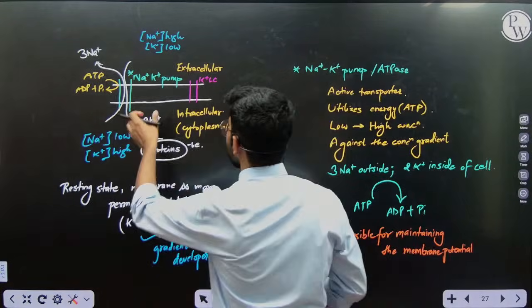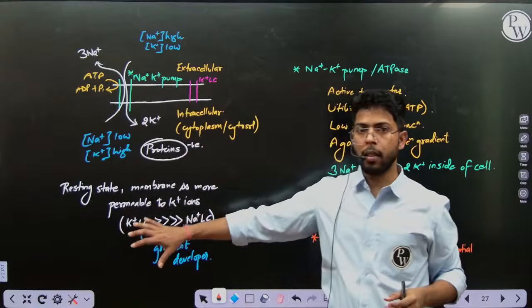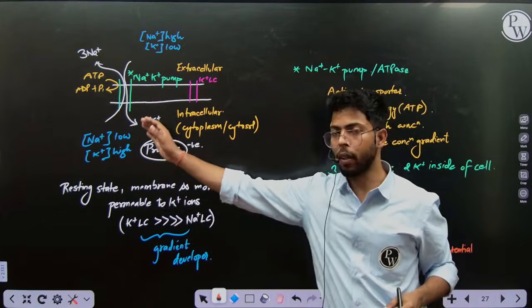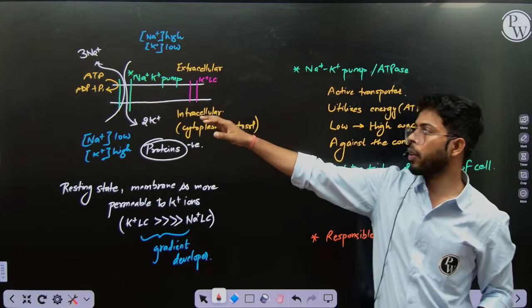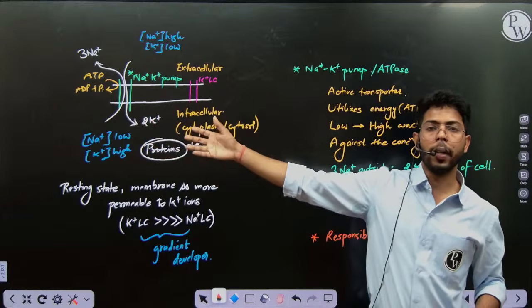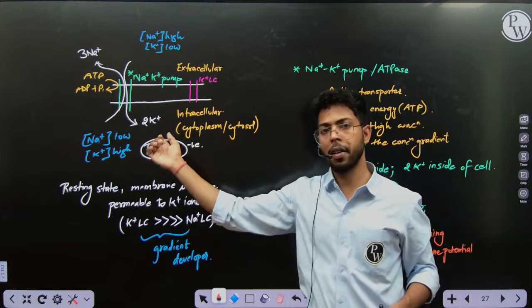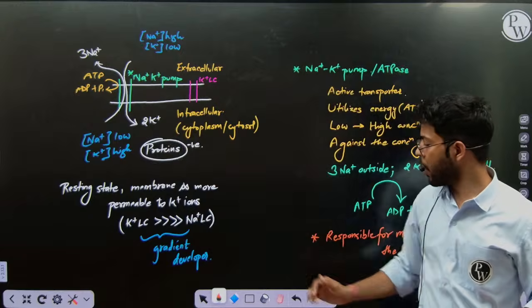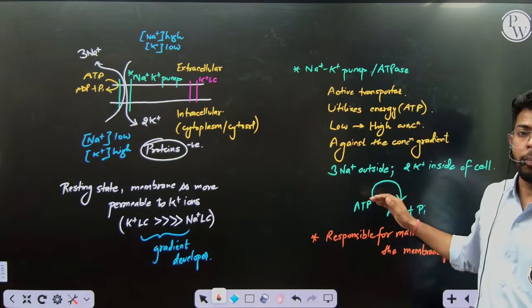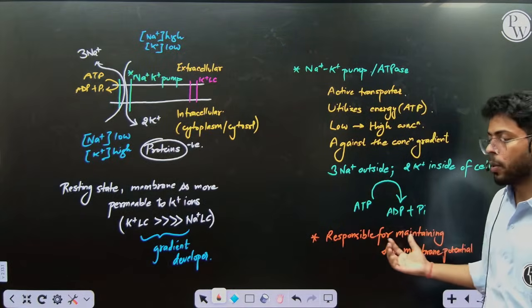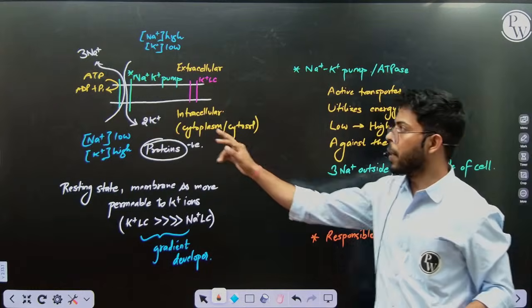So the leaky channels or ion channels are responsible for the generation of membrane potential, according to their random opening and closing along their concentration gradient. And the sodium potassium ATPase is the one responsible for maintaining this membrane potential.